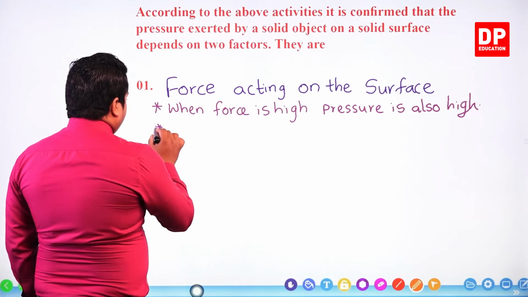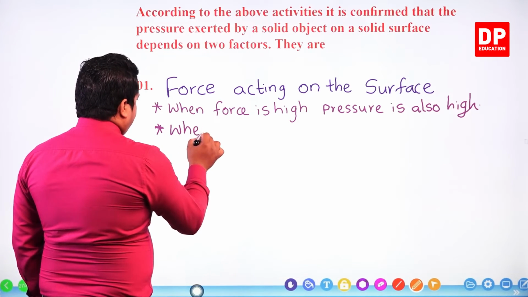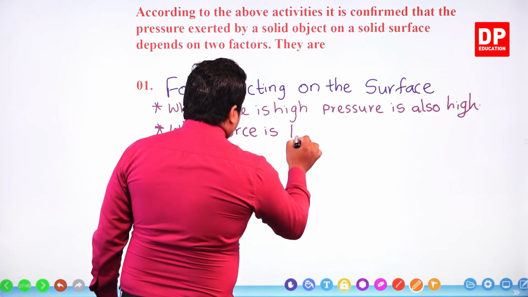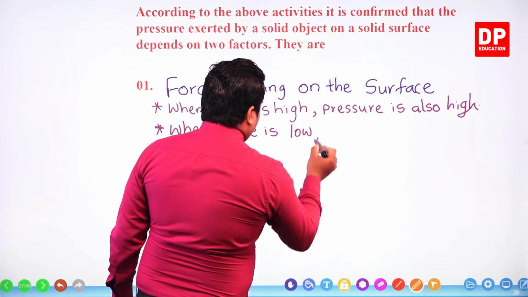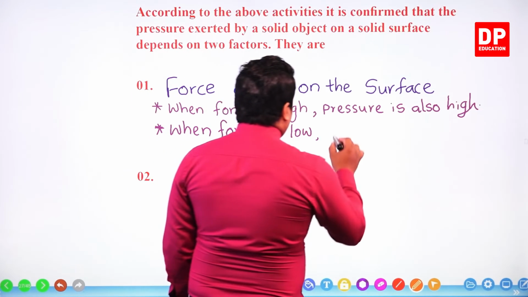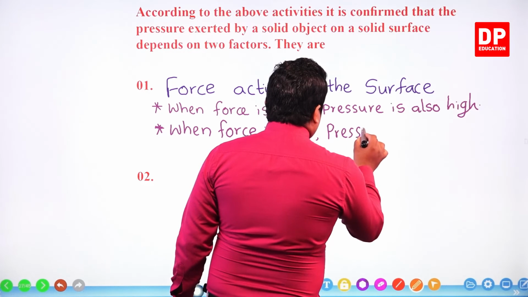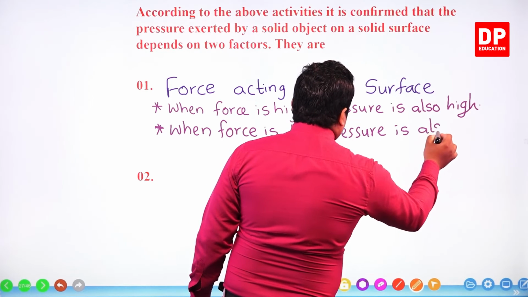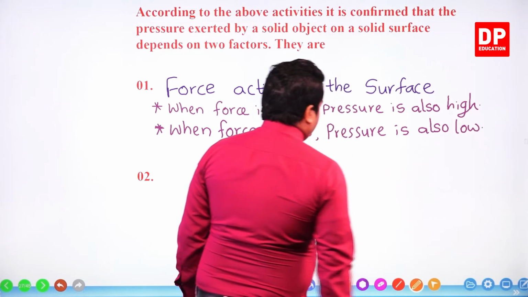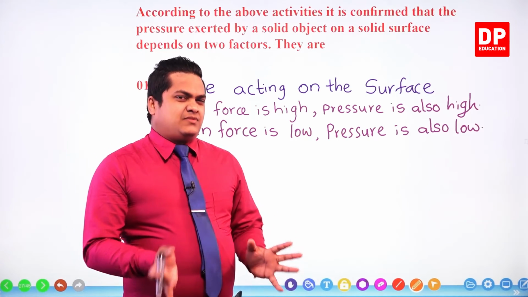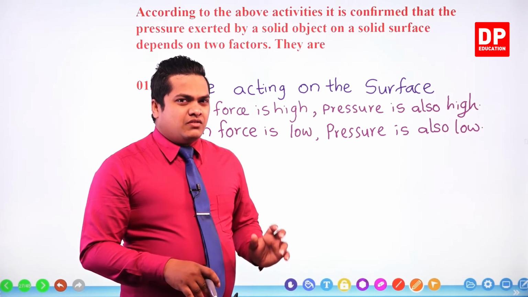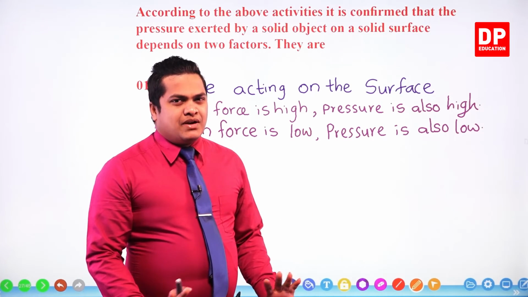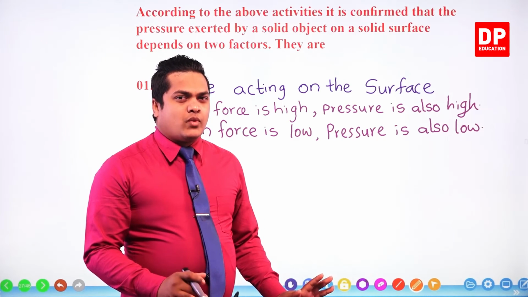Then in the second step, when force is low, pressure is also low. Right? I have explained it in simple terms. When pressure is high, force is high. When pressure is low, force is also low. In simple terms, so that you can remember it quite well.